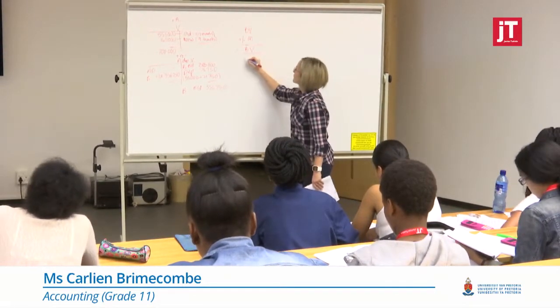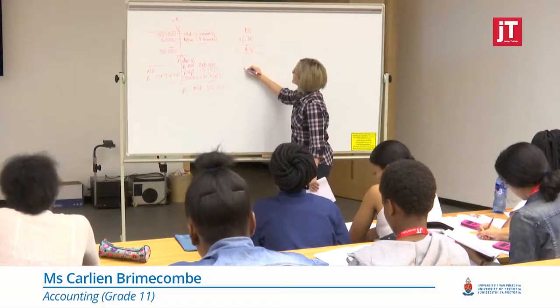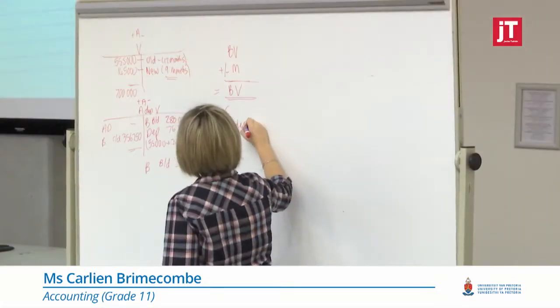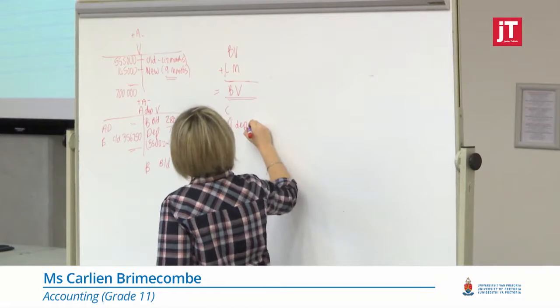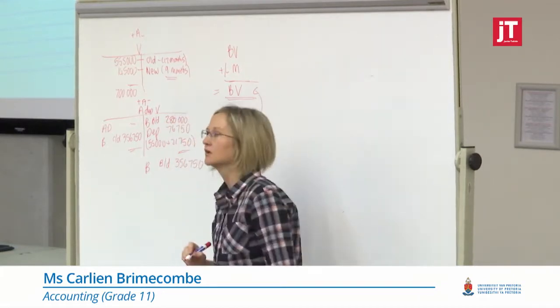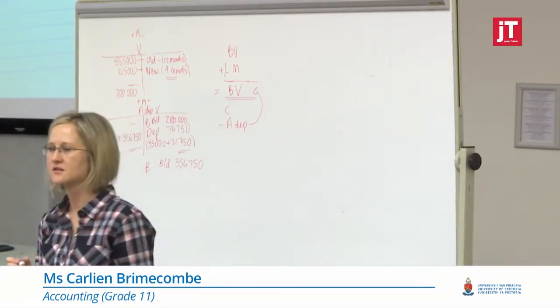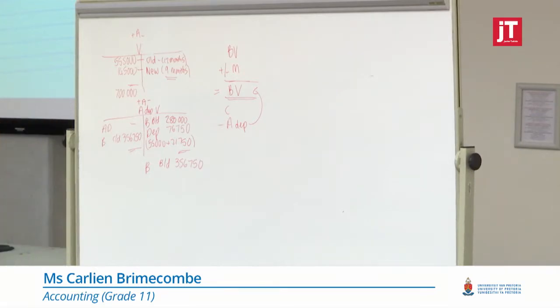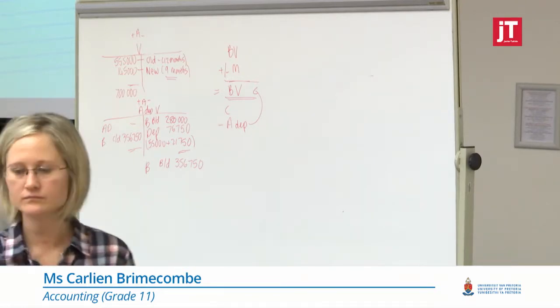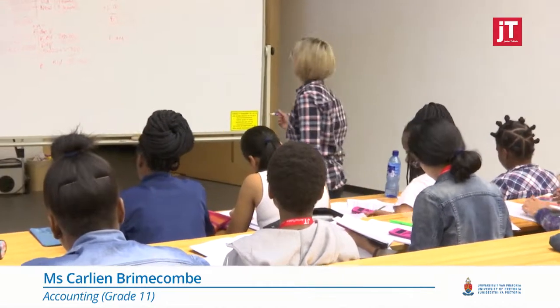If you take the cost minus accumulated depreciation at the end, what should that also equal? The book value at the end. This is a way in which you know if you've done it correctly or not. Right. Next one.